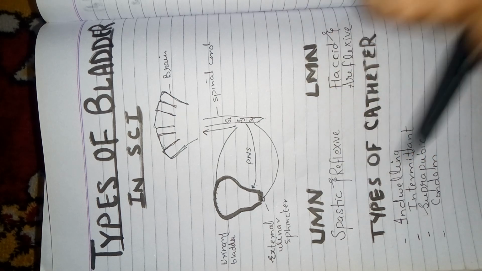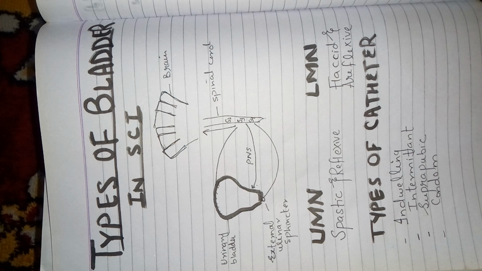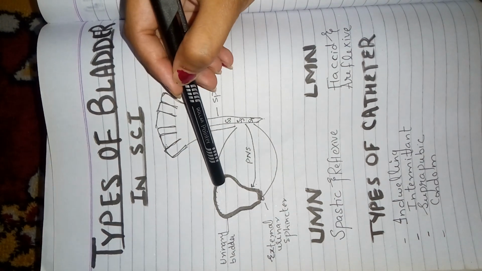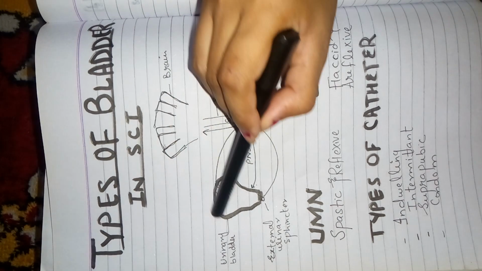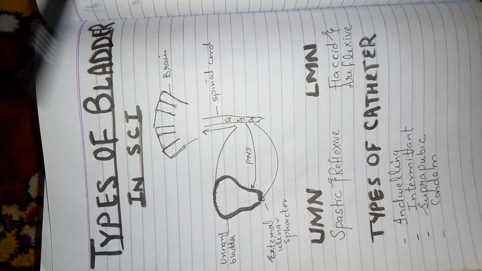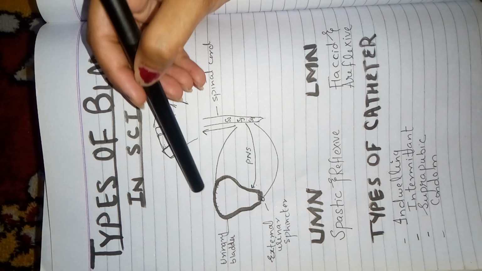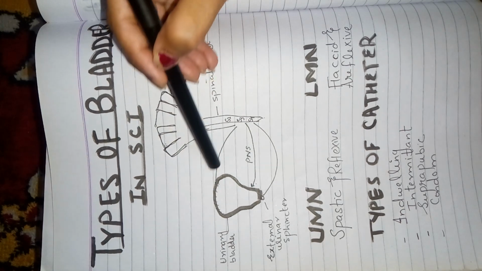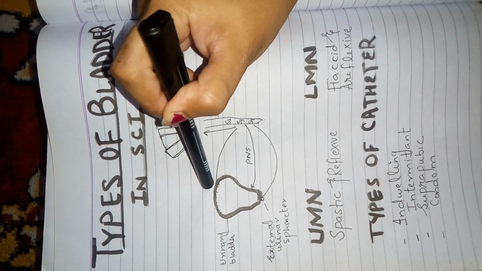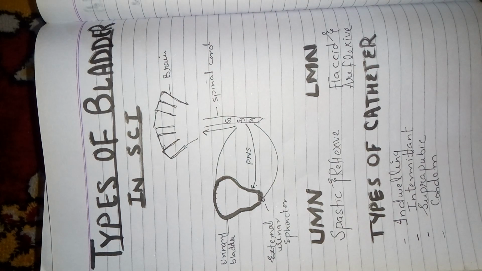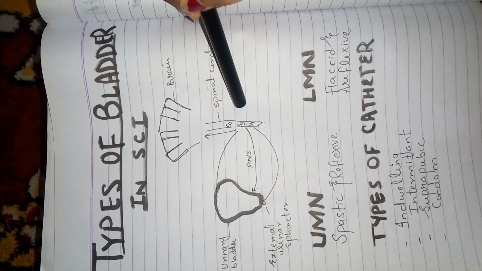So what happens is that when the bladder gets filled with urine, it stretches its walls. As you know, the bladder is made up of a muscle, that is the detrusor muscle. So when fluid is filled in it, the bladder is stretched. From there the signals, or action potentials, are transmitted. The more the bladder is filled, the more signals will be transmitted to the spinal cord.